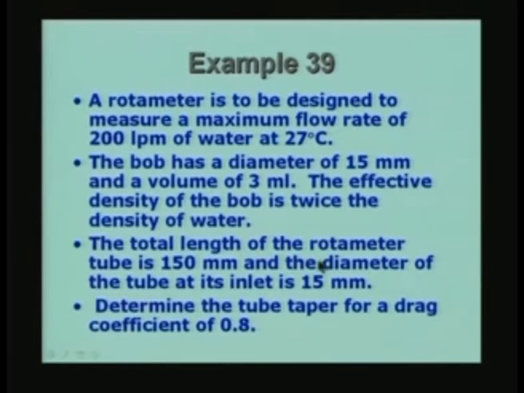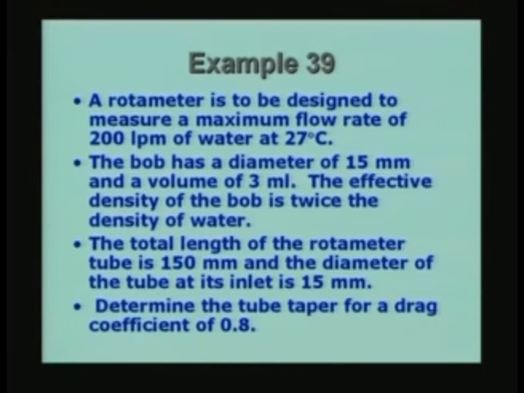The total length of the rotameter tube is 150 millimeters, that means Y max, the maximum possible value of Y, is 150 mm, and this must correspond to 200 liters per minute. Y equal to 0 will correspond to 0 flow. When there is no flow, the bulb will be at the bottom at its datum level, and when the full volume flow rate is there in the rotameter, it will go to the 15 centimeter or 150 millimeter level.